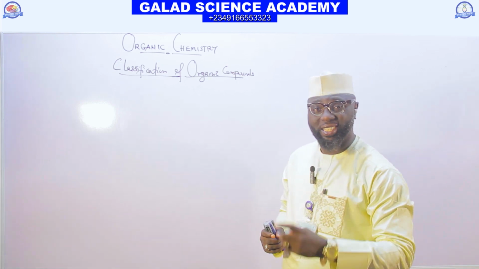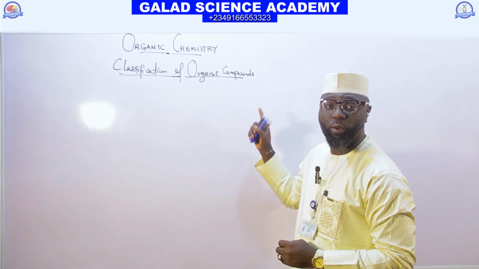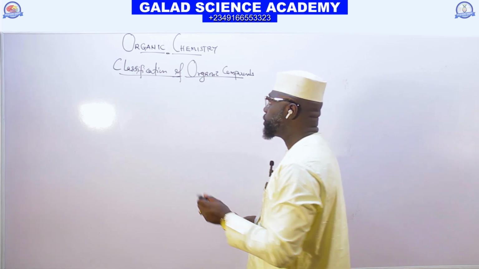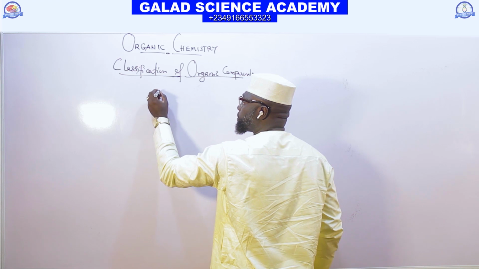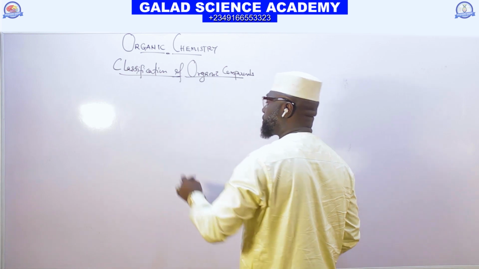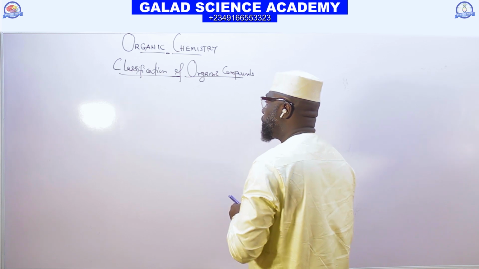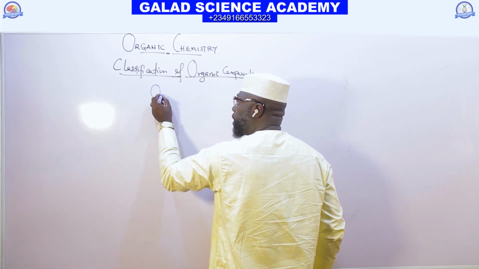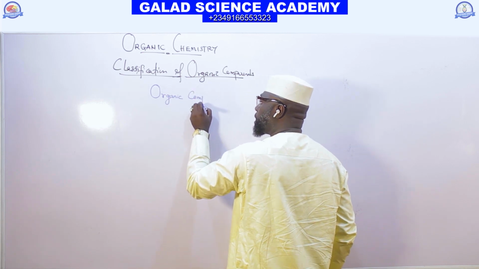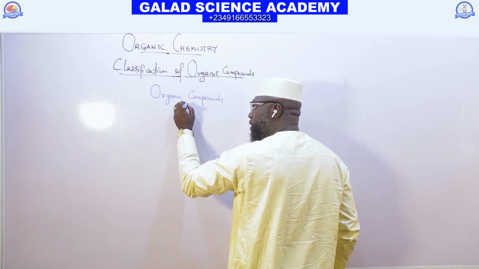We have what we call aliphatic compounds, and then we also have what we call cyclic compounds. So, organic compounds can be classified into two parts.